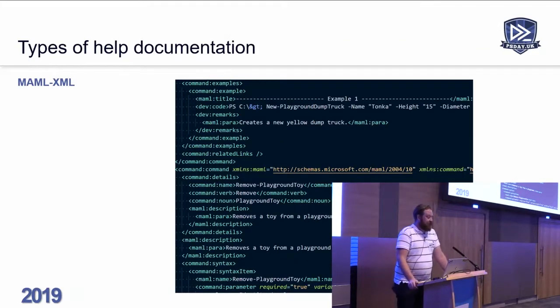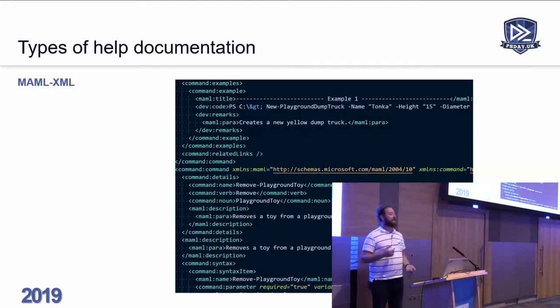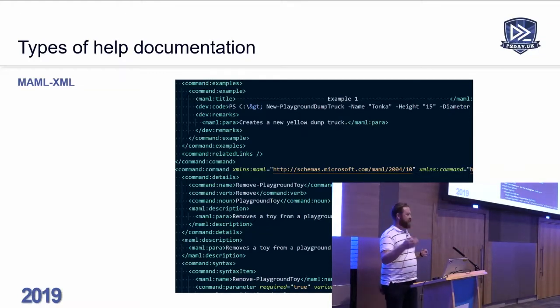This is written in what's called MAML XML, so Microsoft Assistance Markup Language, and XML is Extensible Markup Language. And this is definitely not, well, it's not even human readable, but it's especially not human writable. So in most cases, when you use external help, you use some sort of external engine to generate the XML for you.